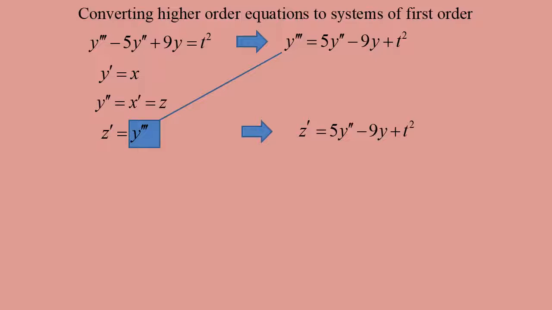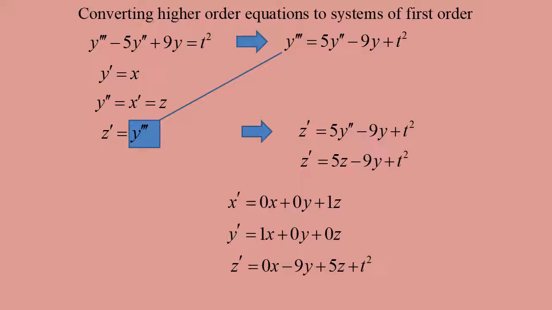And then just keep substituting. This y double prime is x prime, which is also z. And that will give us our system.